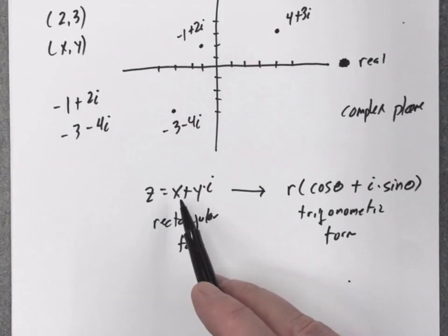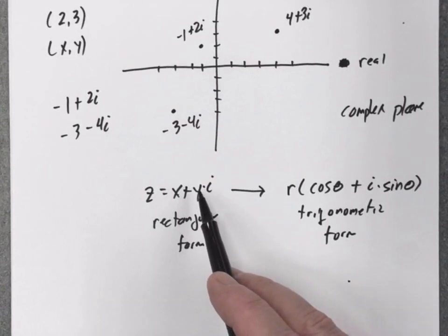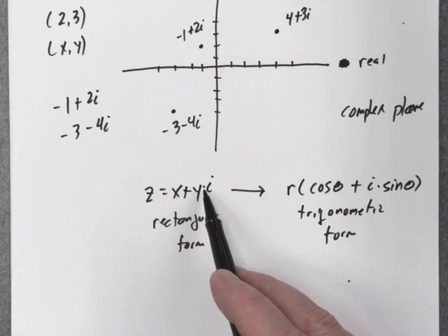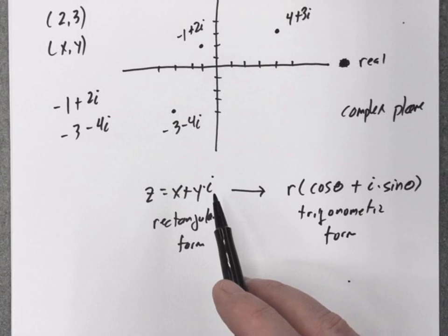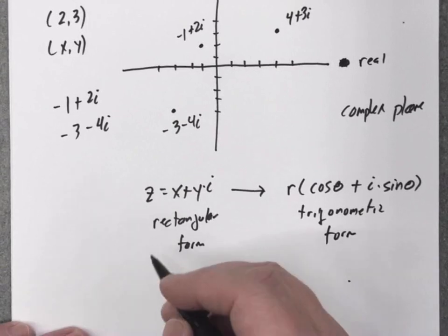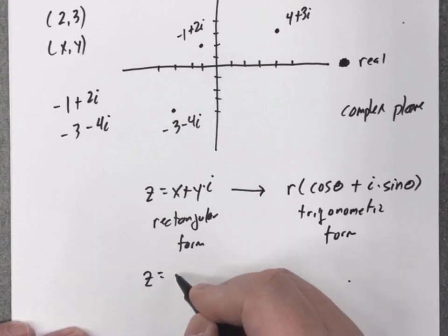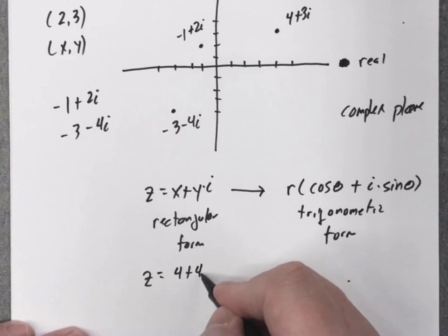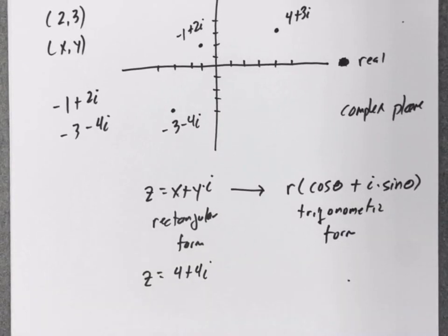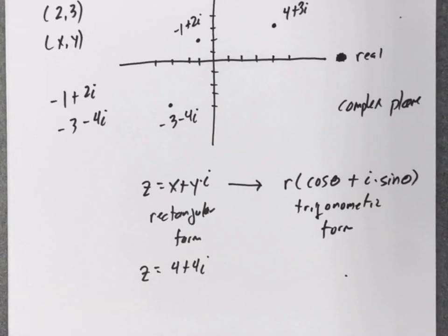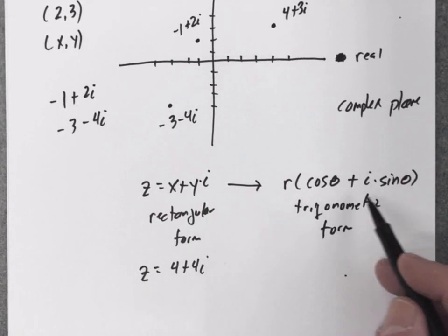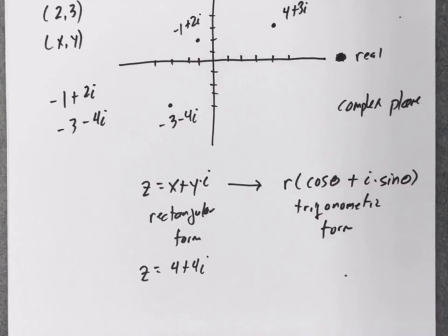So here we go from x and y, which are going to be numbers. In a minute, here's the problem I'm going to do. I'm going to take this complex number, 4 plus 4i, and I want to rewrite it in what we call the trigonometric form.